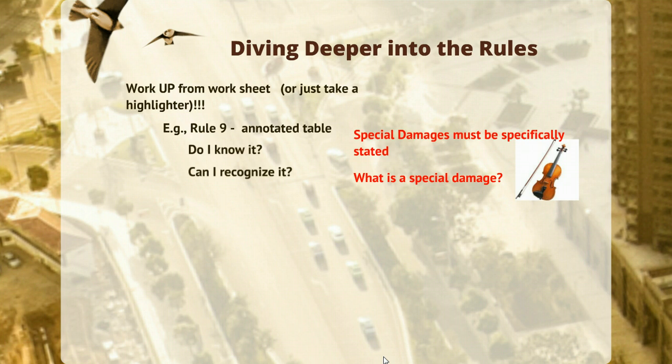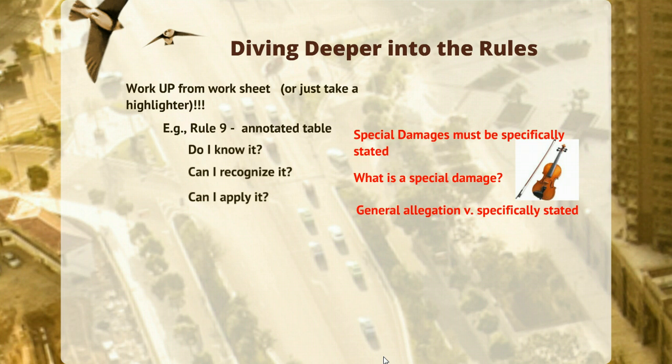So I know what the rule is. Special damages, plead with specifically stated language. I know how to recognize it. I've seen a hypo. And then lastly, can I apply the rule? So let's say I'm given on the exam a context in which someone states a special damage. Can I figure out whether or not what they've stated is specifically stated or whether it's stated with generalities?